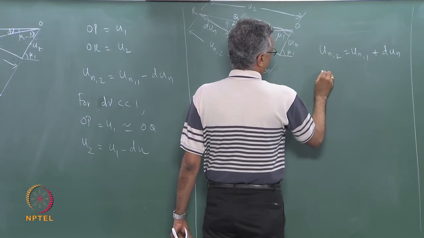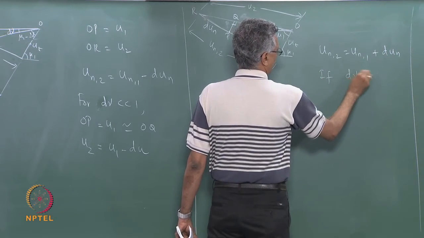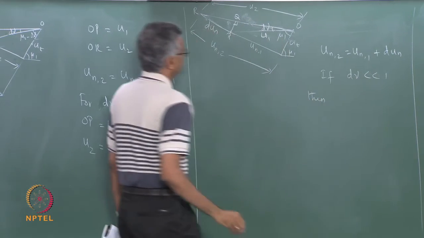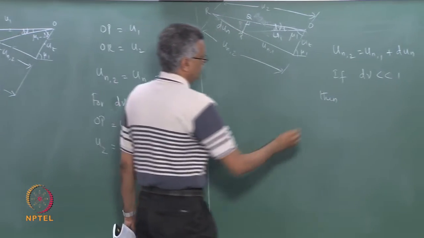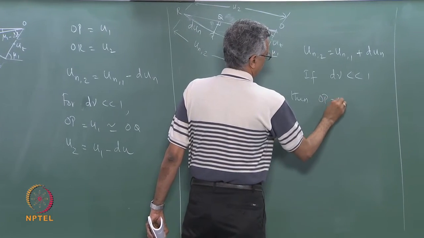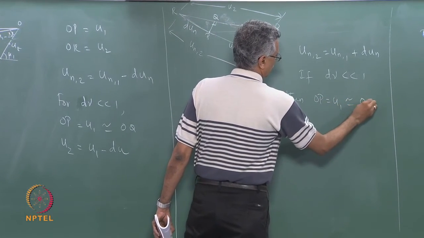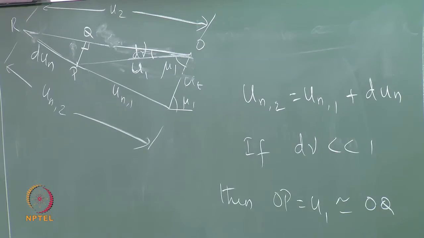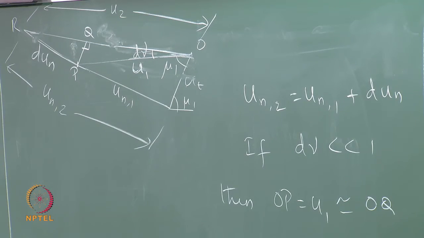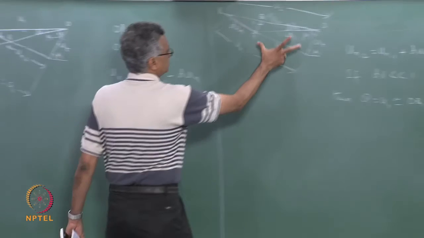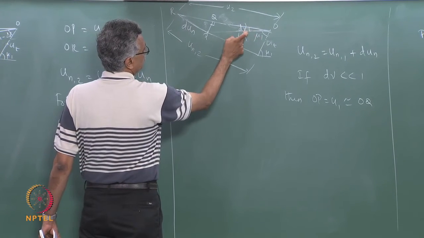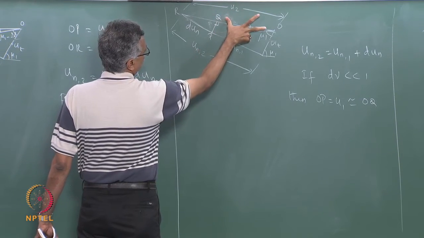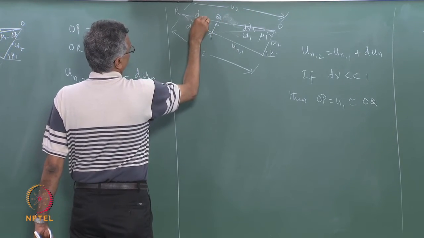Now if OP equal to U1 is approximately equal to OQ, right. So, this whole thing is U1, and if d nu is very small, then OQ is also going to be U1. So, U2 is going to be U1 plus du.